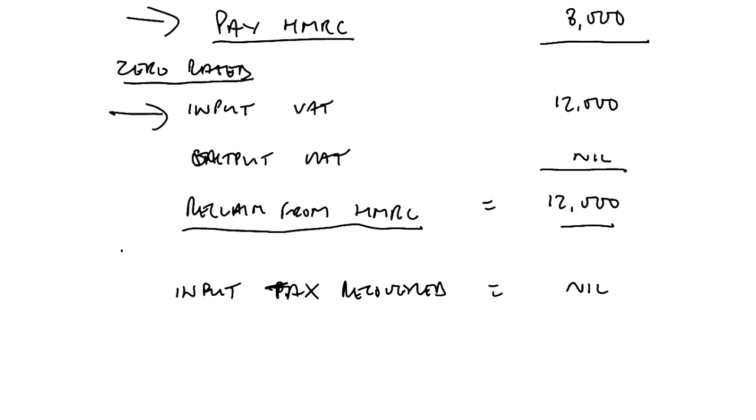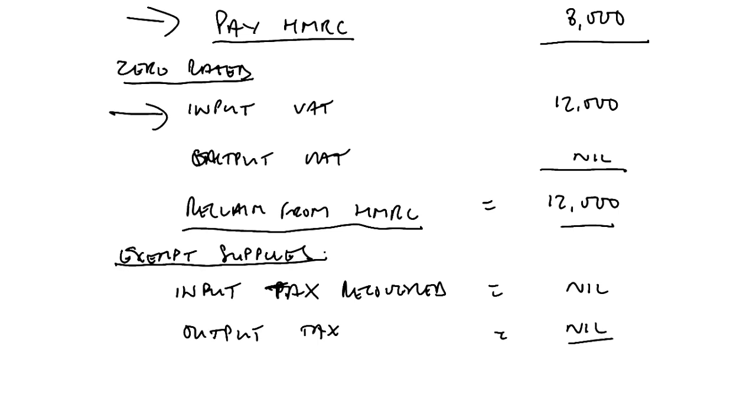But if you make exempt supplies, then, although you do not charge, of course, any output tax, that will be nil, you are unable to recover any of the input tax. Therefore, that input tax of 12,000 on your purchases, on your expenses, becomes a part of the cost base of the business. That therefore increases your costs by 20%.